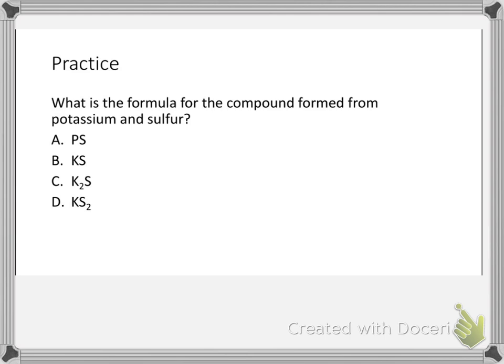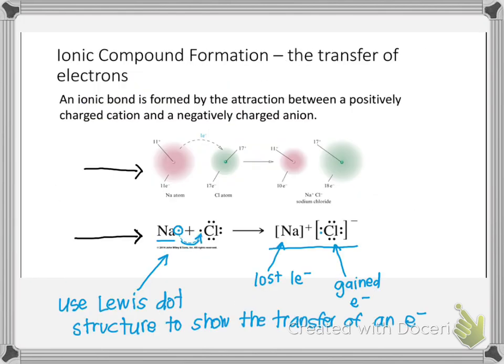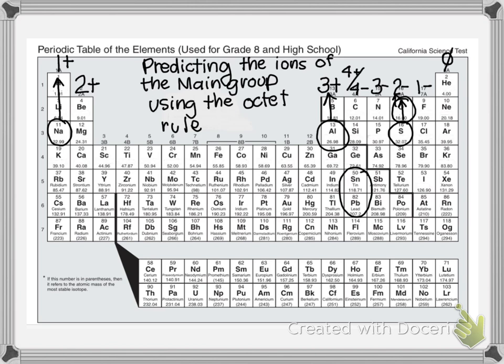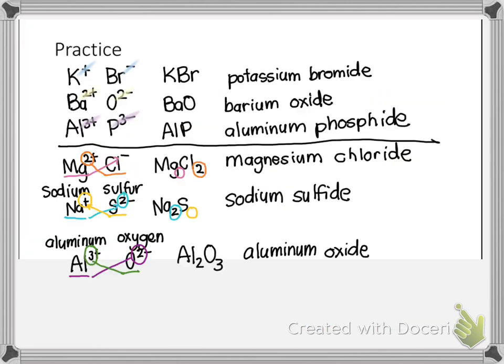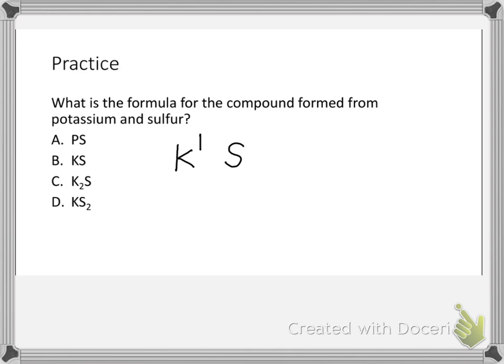Okay, so potassium and sulfur. They gave me the names, so I have to go back. Potassium is K and sulfur is S. Let's go look at what their charges are. So potassium is right here, so it's a +1. And sulfur we've had before, it's a 2 negative. So a +1 and a 2 negative. Okay, so they're not equal to each other.